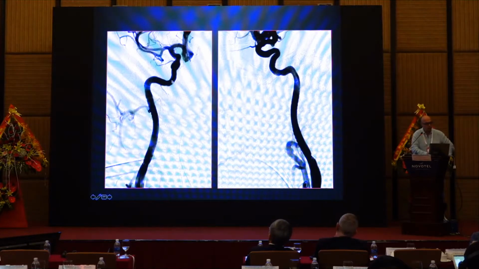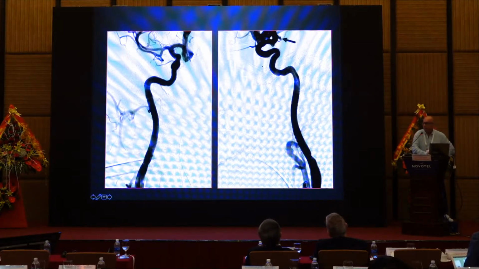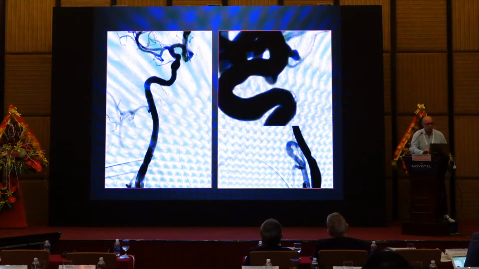We took the right internal carotid artery, and look here. Can you see this small aneurysm? It's distant. It's an anterior choroidal aneurysm, and it's at a distance from the AVM. So we said, okay, it's not a problem.